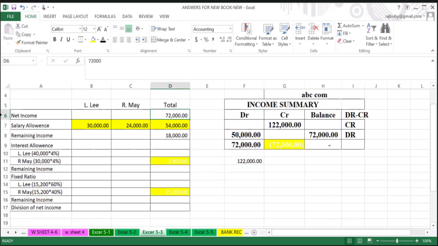Now, net income is 72,000. One column for Lee, one column for May. Salary allowances, you put that one, and the balance is now 18,000. Now, interest allowance 4%. For Lee, 40,000 multiplied by 4% is 1,600. For May, this is the one.